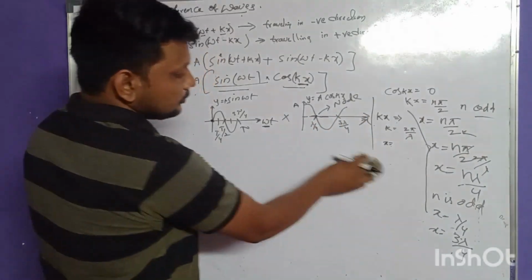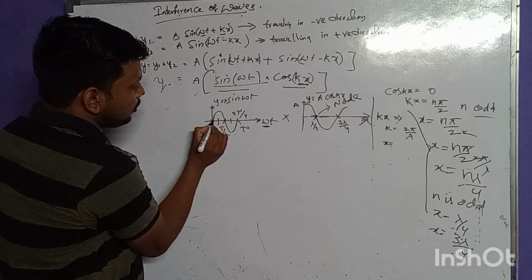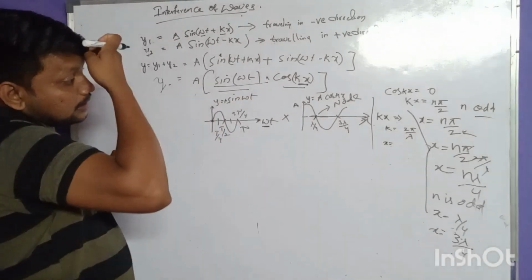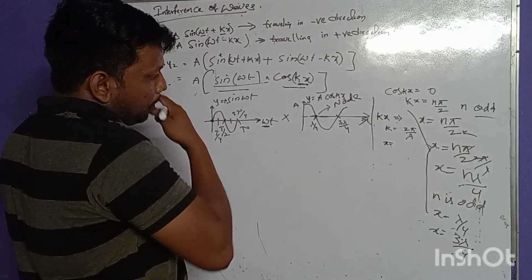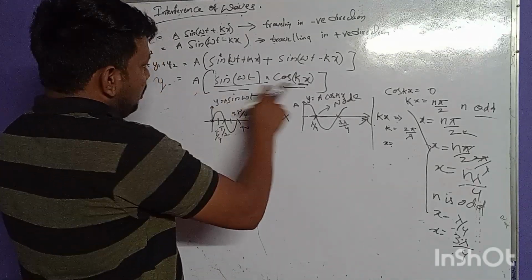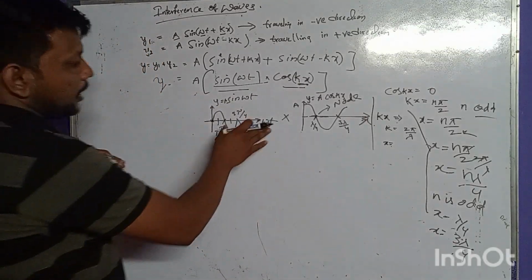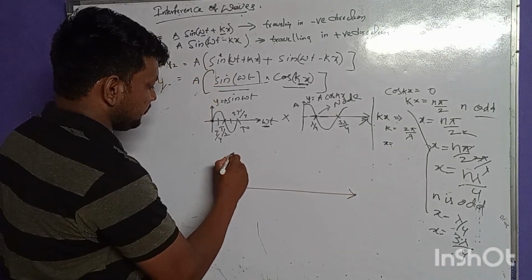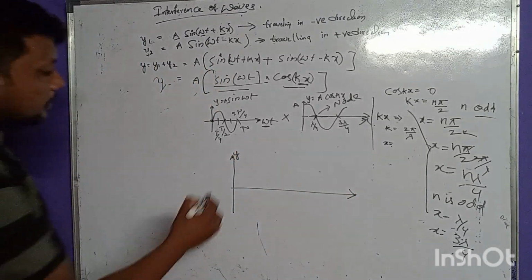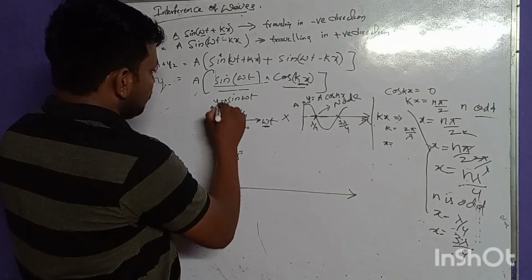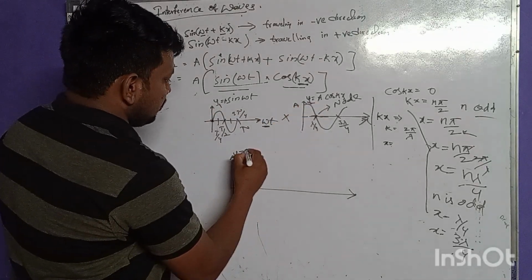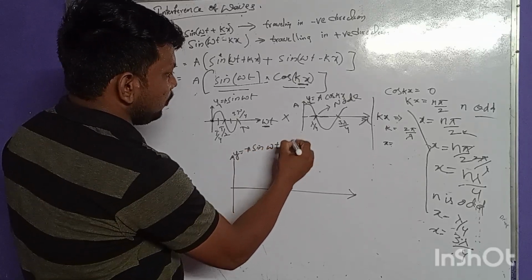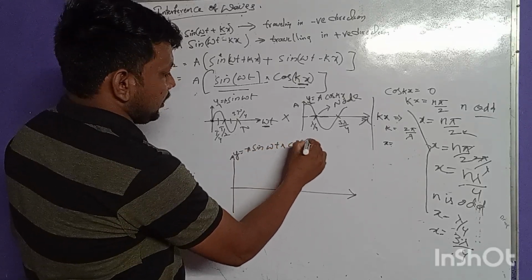At t is equal to 0, this term is 0, right? This term is 0. So the total wave is 0 multiplied by this. This is the final graph, right? y is equal to y1 y2, let's say a sin omega t into cos kx.